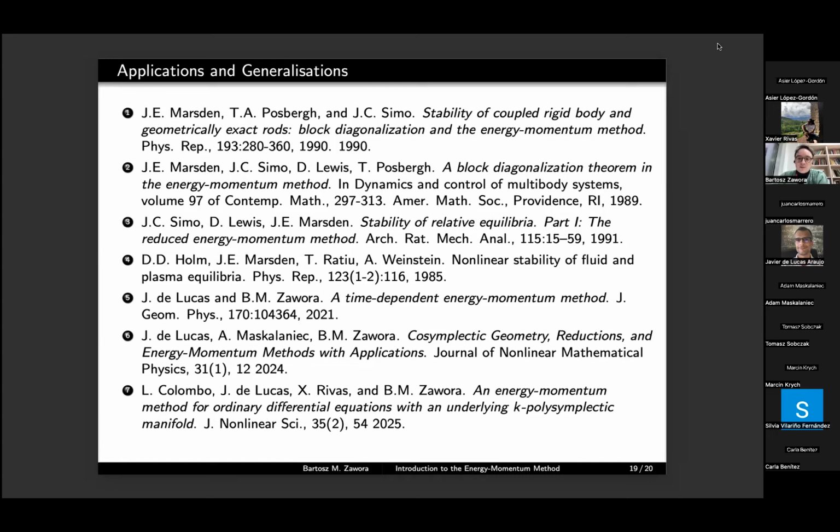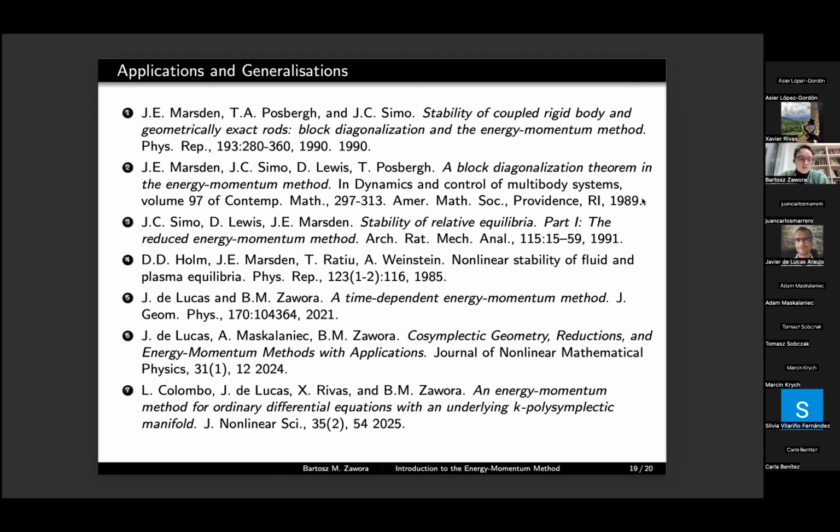The energy momentum method admits many significant applications to physical systems. The first application of the energy momentum method was to the rigid body, and this is the most canonical example of its application.